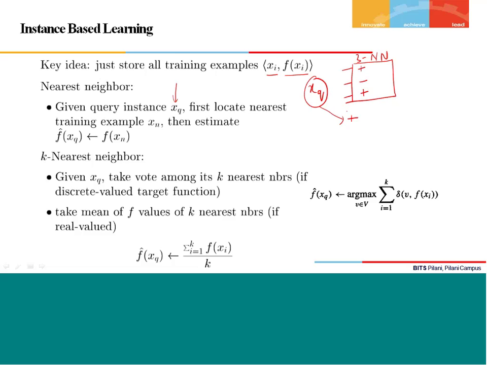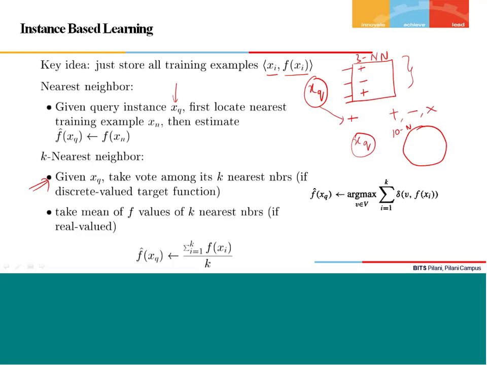So in k nearest neighbor, there could be two things: my label could be discrete, or real valued. This is a case of discrete. Let's say I have three kinds of labels: positive, negative, and cross. Somebody gives me a query point and asks me for the label according to k nearest neighbor. I go and look into my database, and let's say I'm using the 10 nearest neighbor algorithm.